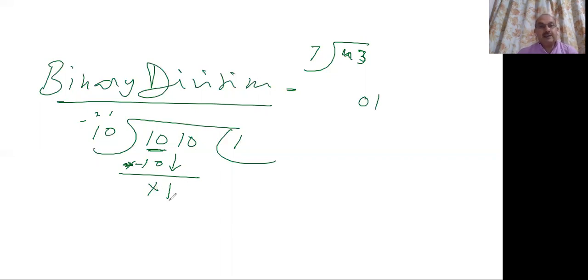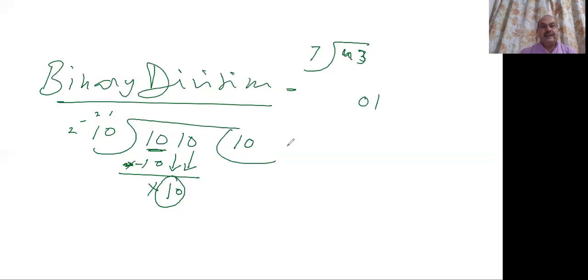We have to make it bigger, because this is 2 and this is 1. 1 cannot be divided by 2. It is still smaller. So what do we do? Just as we did in decimal, we write 0 and then we carry this 0 down. Is that clear?